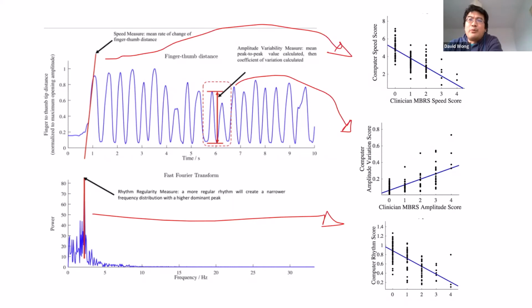We plotted these simple metrics against the clinical rating and found reasonable agreement with them. And so it's not perfect agreement, and it's pretty difficult to tell why, because that could be because our metrics aren't optimal, but it could also be due to the known variability in clinical judgment.